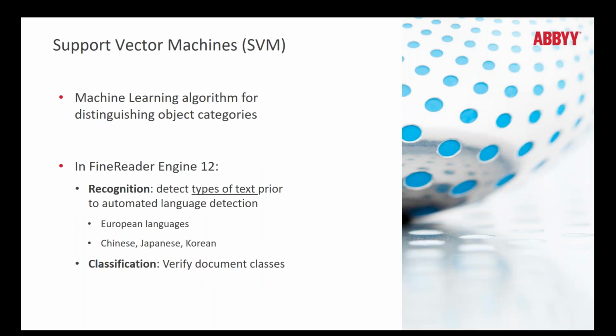Another technology we are using, especially for recognition and classification, is support vector machines. Support vector machines are used for separating categories of objects, which basically is classification. They are based on the idea of finding a hyperplane, a kind of division of objects into 2 categories.